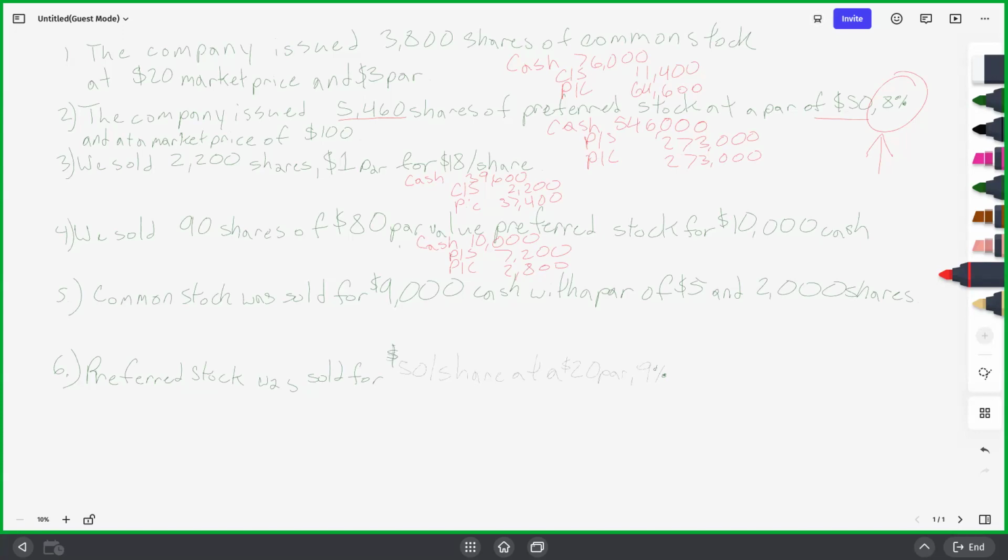So number 5, common stock was sold for $9,000 cash with par of $5 and 2,000 shares. Anyone else want to give a shot at it? Cash 9,000. What else we got for this?